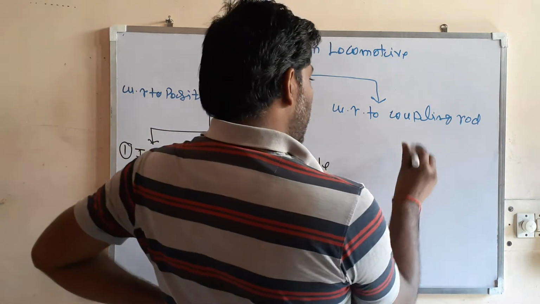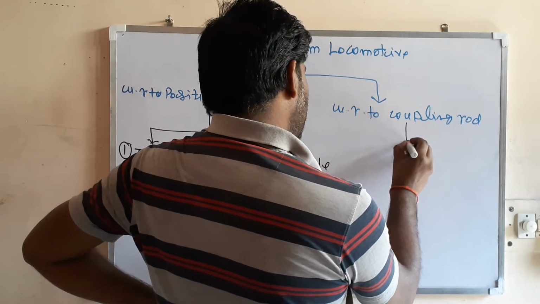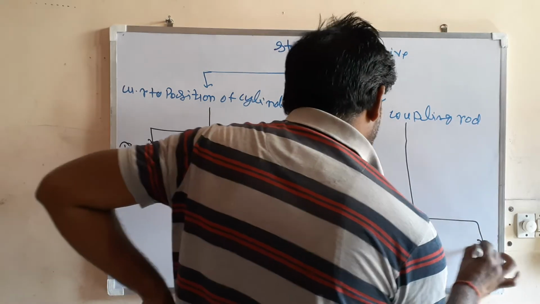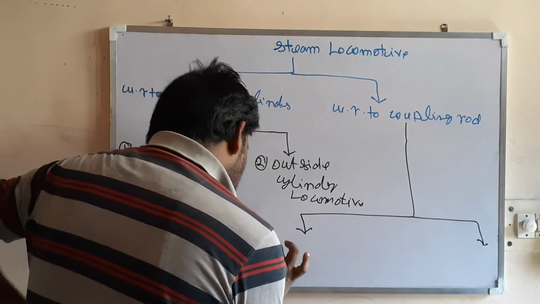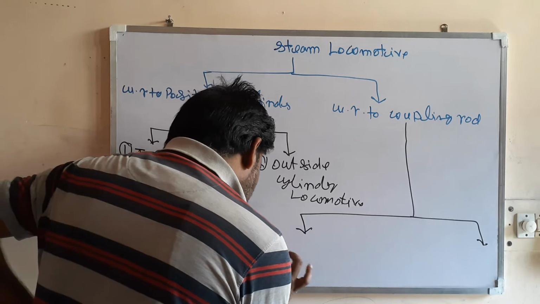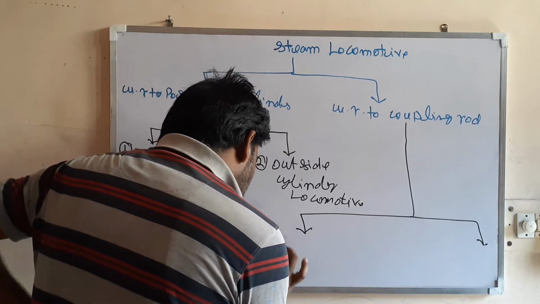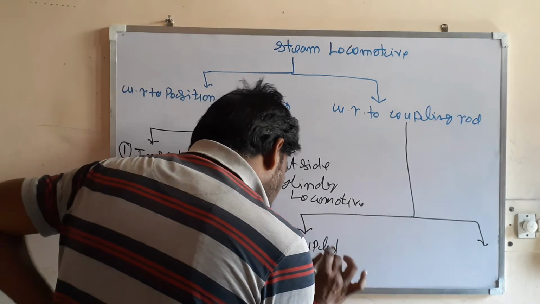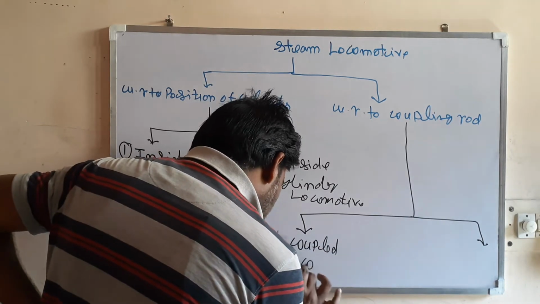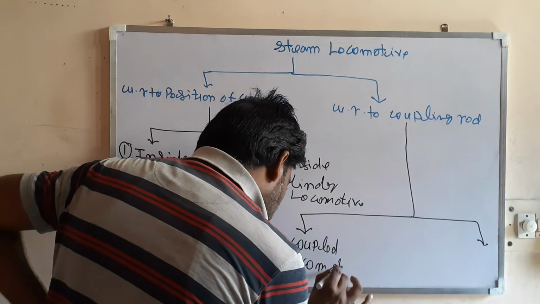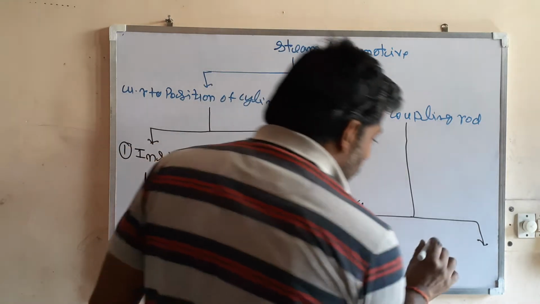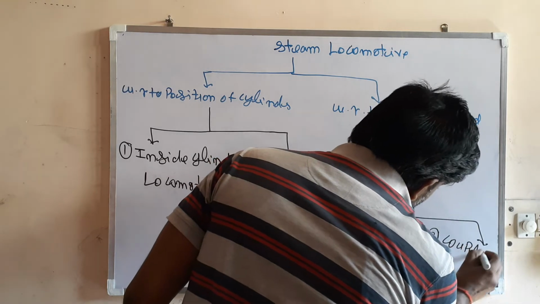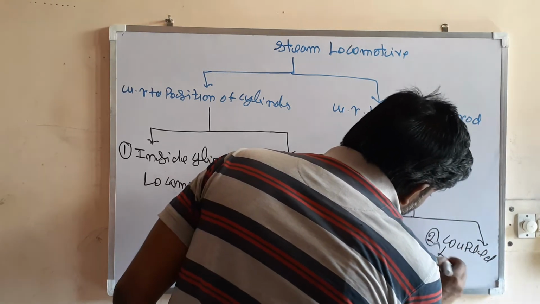Now with respect to the coupling rod, they can also be classified into two categories. First one is uncoupled locomotive and number two is coupled locomotive.